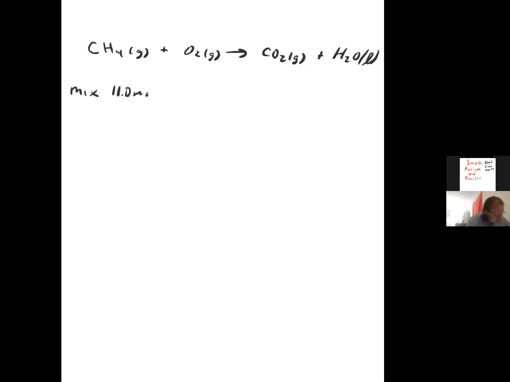And then they say we mix 11 moles of CH4 with 3 moles of O2. And then again, it's really the same question. Can 1/2 of the CH4 react?